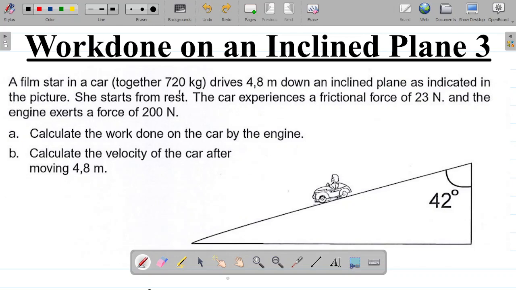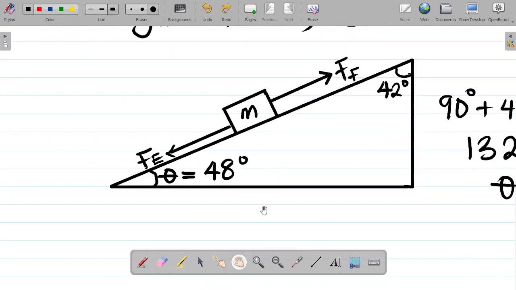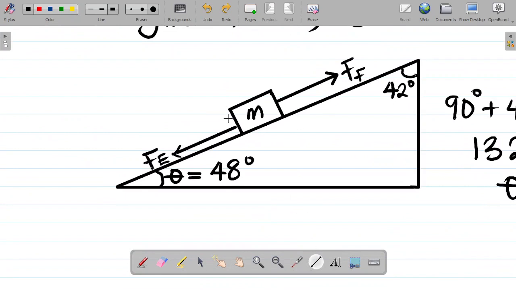We'll have mg sine theta. Coming back to this, I'll add it in this direction. It pulls this downward. So we have mg sine of theta. Basically, these are the three forces in play in this question.